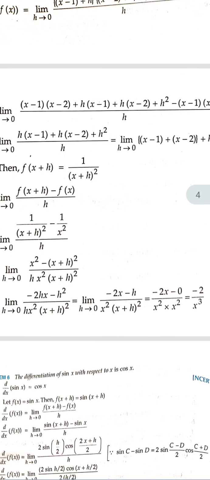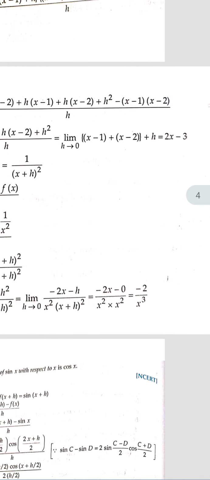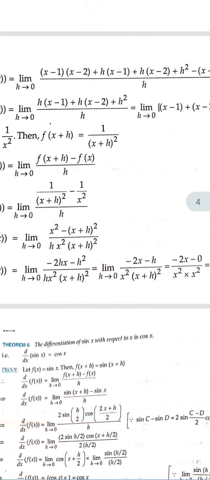Now we cancel the terms accordingly and we are left with (x minus 1 plus h)(x minus 2 plus h) square upon h. Take h common and put h equal to 0. We get (x minus 1) plus (x minus 2) plus h. Put h is equal to 0. We get the answer 2x minus 3 as the derivative of (x minus 1)(x minus 2).